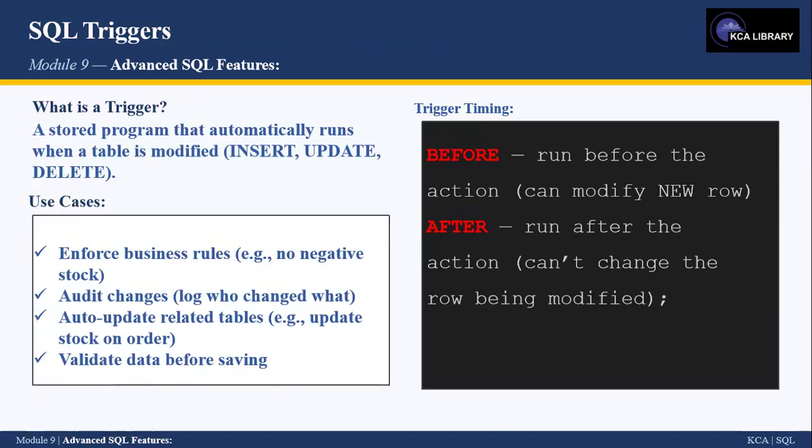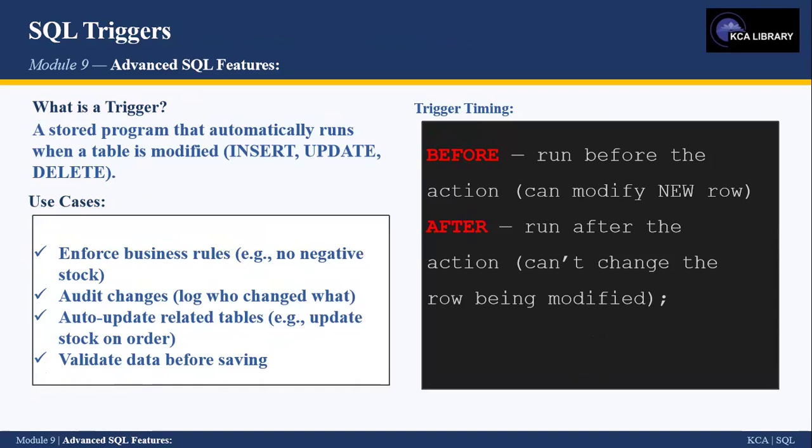SQL triggers. Next are triggers, which are very powerful for automation. A trigger is a stored program that automatically runs when a table is modified, either insert, update, or delete. Triggers can run before the action, so you can modify the incoming data, or after the action.